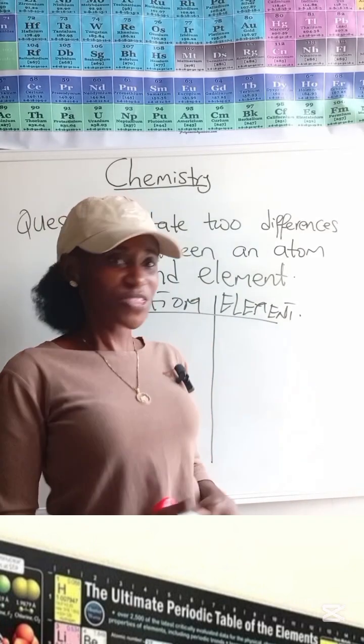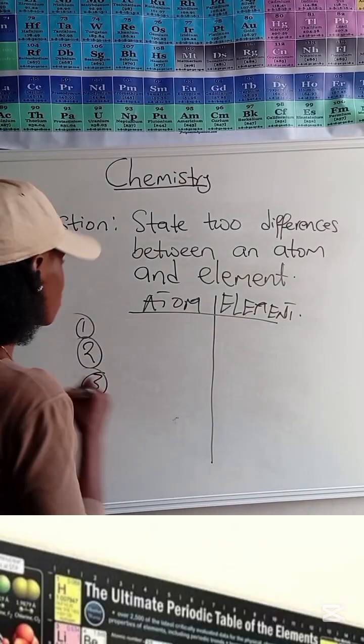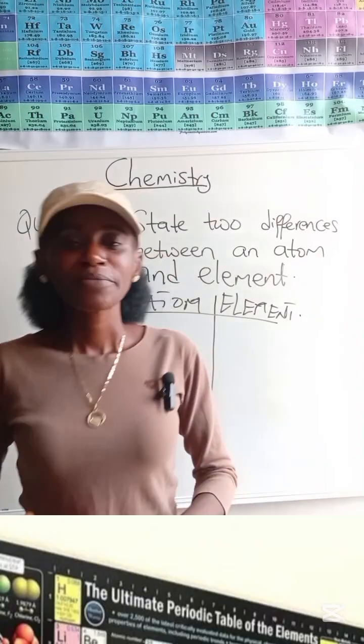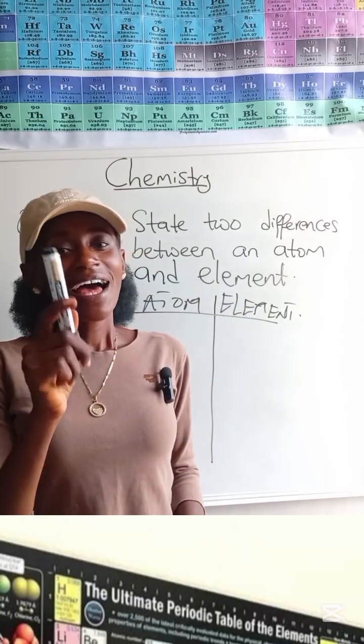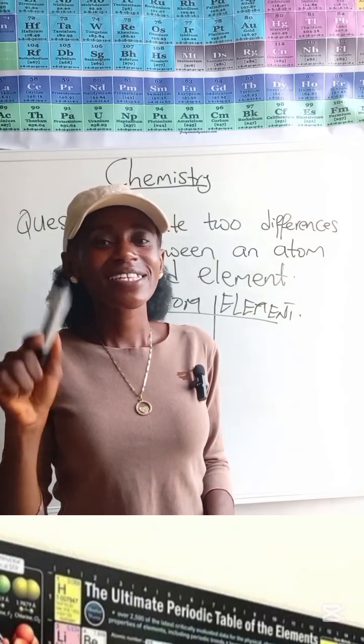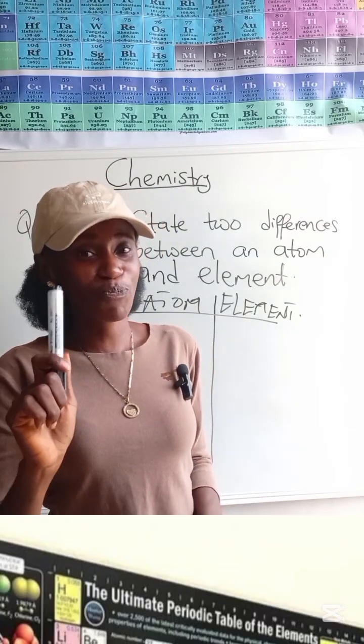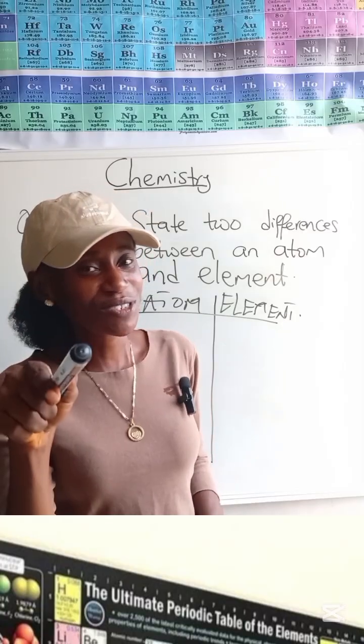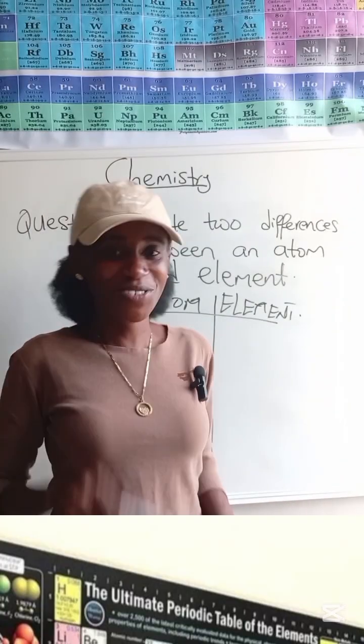Now, we move to number three. Please don't confuse yourself. An atom is defined by its exact number of protons, neutrons, and electrons.